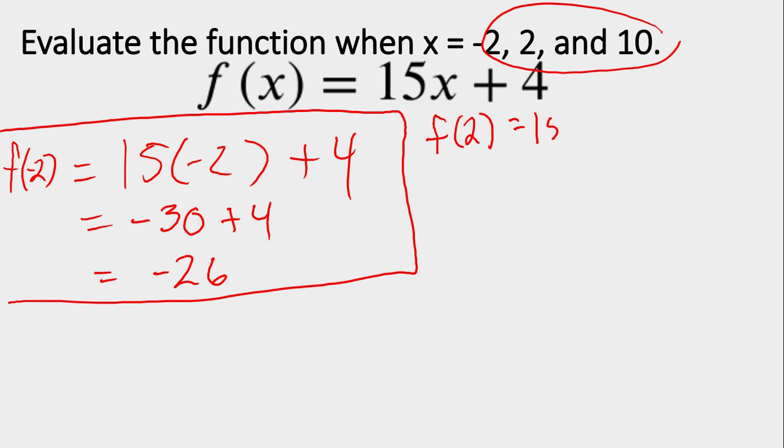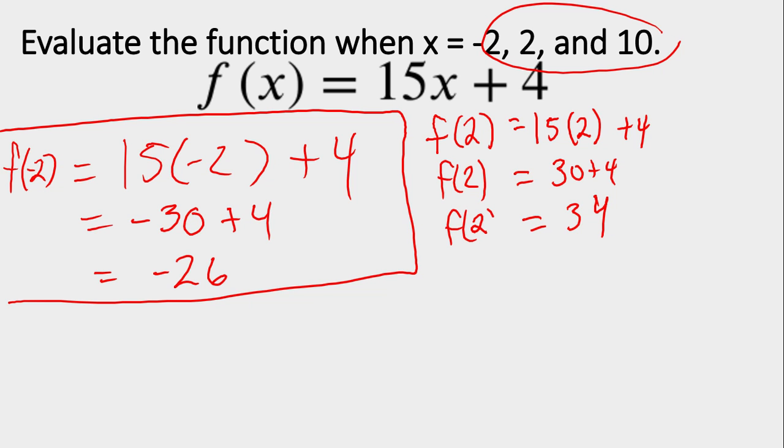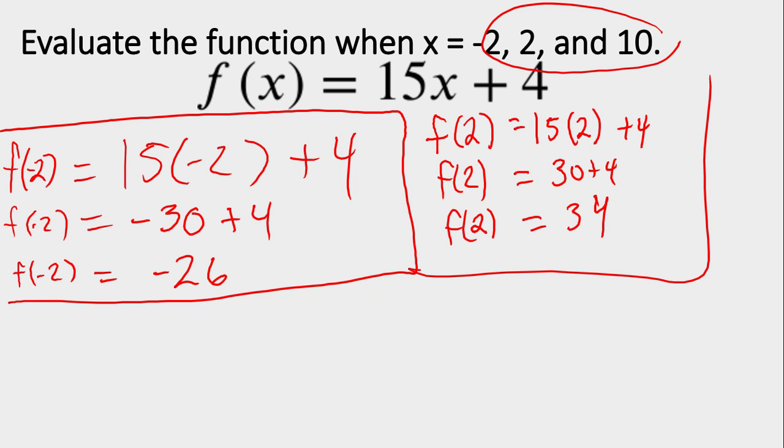Okay, so now we want to find f of positive 2. So we're going to take 15, we're going to put in 2 this time for x, and we're going to add 4. So 30 plus 4 equals 34. So f of 2 equals 34. F of negative 2 equals negative 26. And last one, we're going to do f of 10.